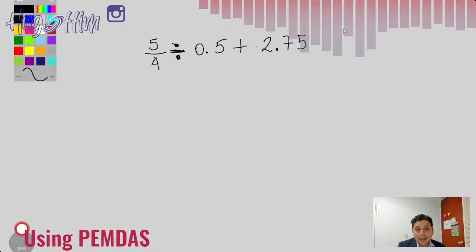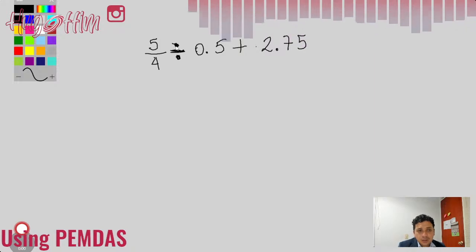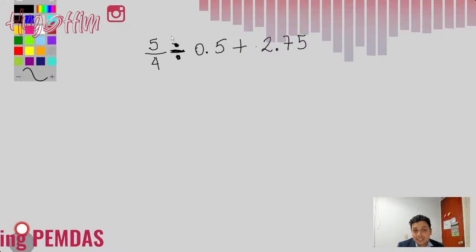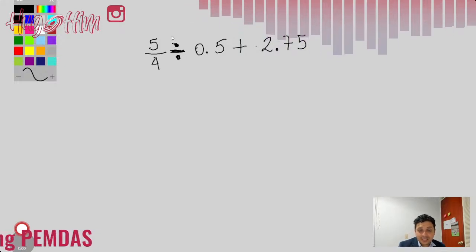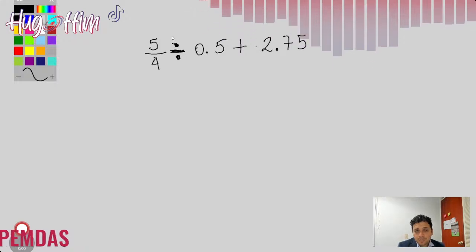Okay, so we're going to apply PEMDAS, and in this case we have fractions and decimals. So you need to decide which side you're going to take: the side of fractions or the side of decimals. This is the idea.